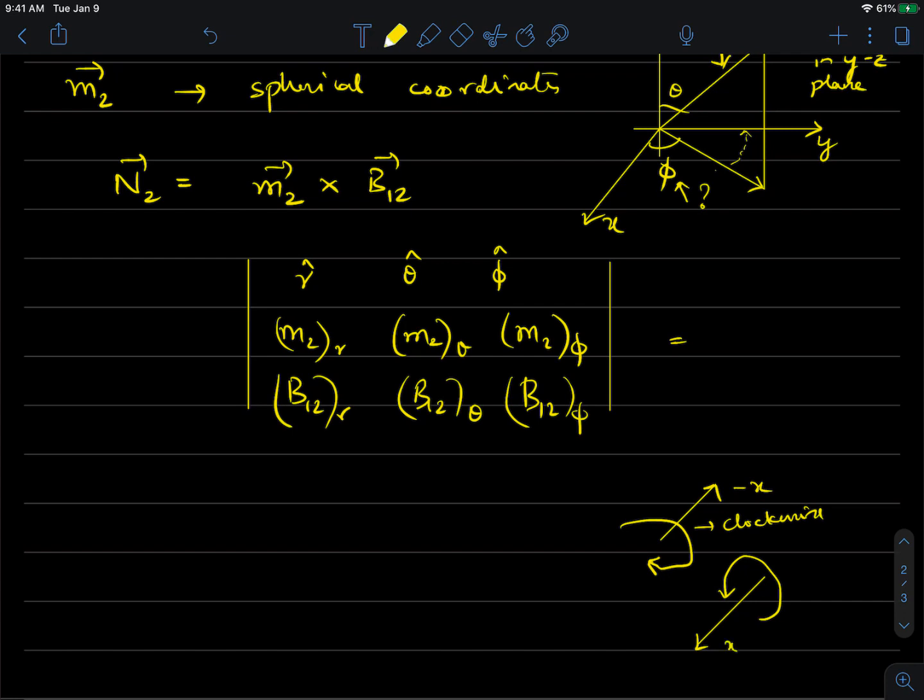If it's along the positive x direction, then it's anti-clockwise.